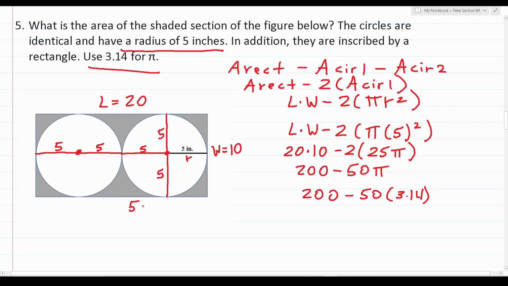And as we've seen in this video, we want to shift the decimal in 3.14 such that it becomes a whole number. So we're going to shift it 2 times to the right. And this actually becomes 314 times 50, albeit with 2 decimals to shift back into the left.